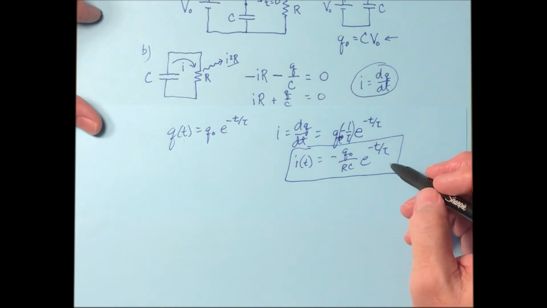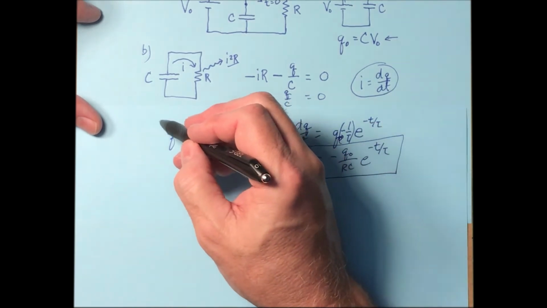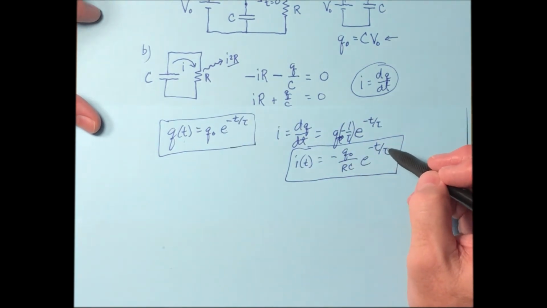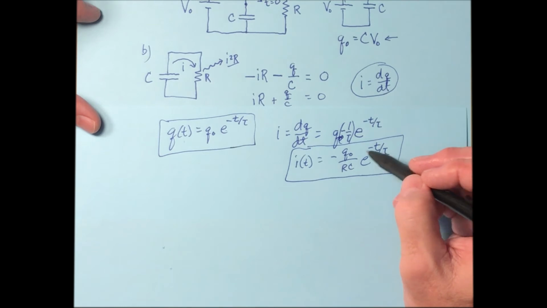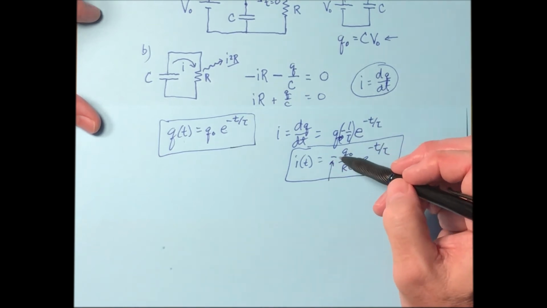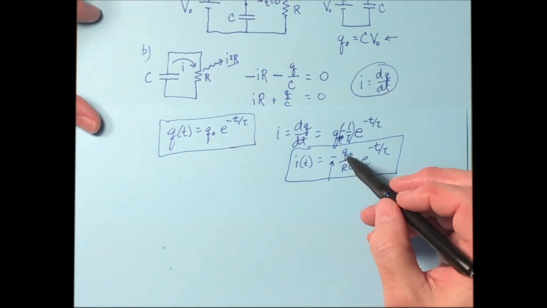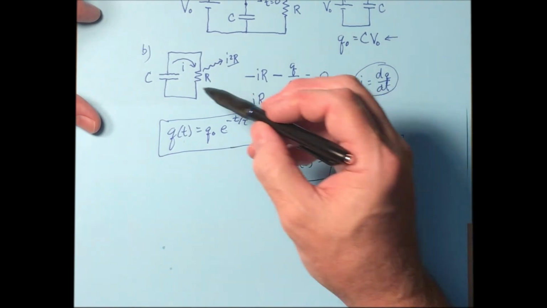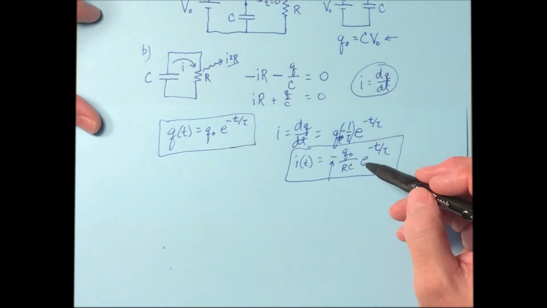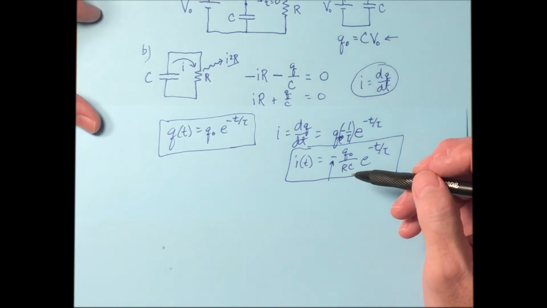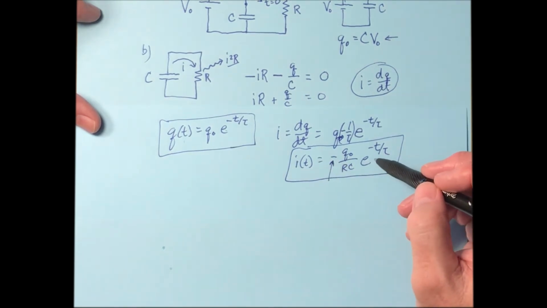All right, what does that look like? Well, it looks the same as this over here. Of course, the maximum is different, but it decays at the same rate here. Both of these are decaying exponentials. Now let's discuss this negative sign out front here. When we're talking about currents, what that means is direction. So the direction is going to be different than what we talked about here. But the direction of the current here is kind of less important to us than the equation itself.